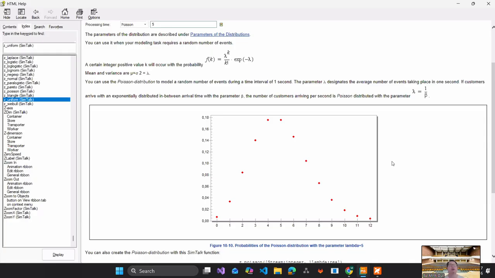You can have around 100 cases, and then your system will more likely follow the Poisson distribution, not the normal distribution.